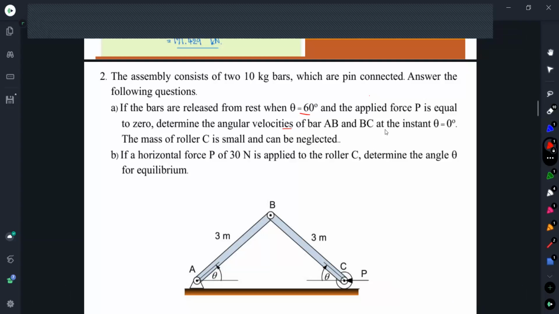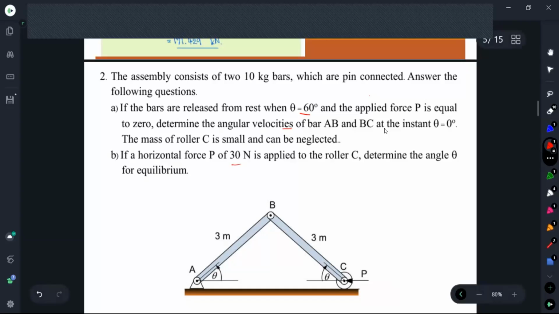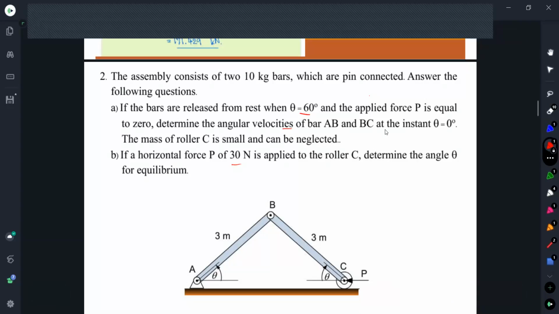That is, you will see that if we release it without the force P, the link should go down. But if we maintain the equilibrium with the force P of 30 Newton, what is the equilibrium configuration for that? We will apply the principle of virtual work to solve this.